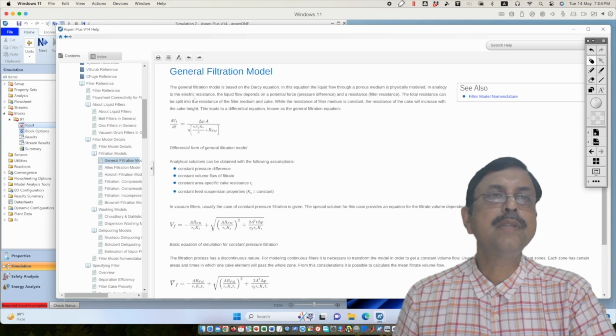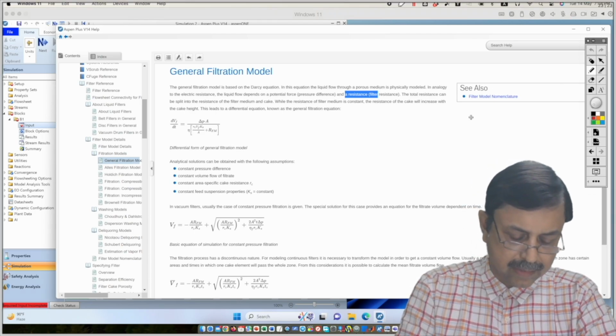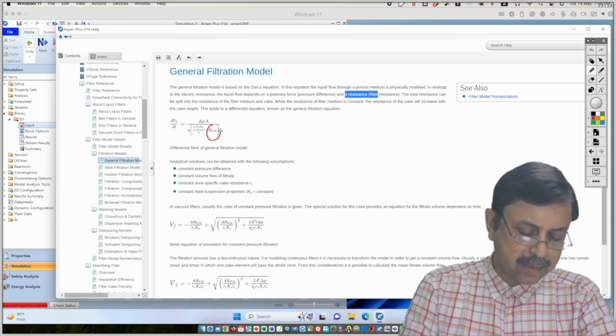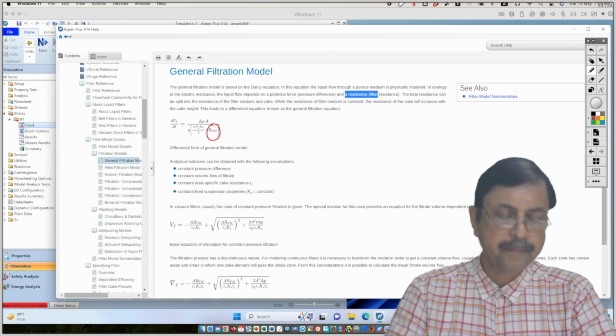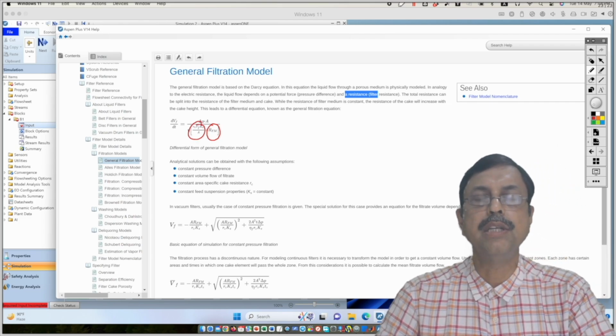In analogy to the electric resistance, the liquid flow depends upon the potential force, that is the pressure difference, and a resistance. So this is the resistance. Over here, there are two types of resistance. One is resistance due to the filter media, and another is the resistance due to the cake formation.